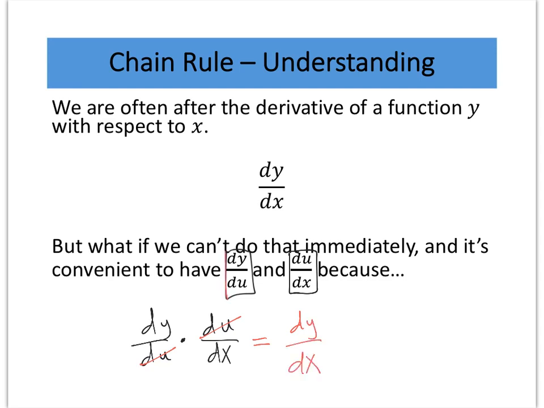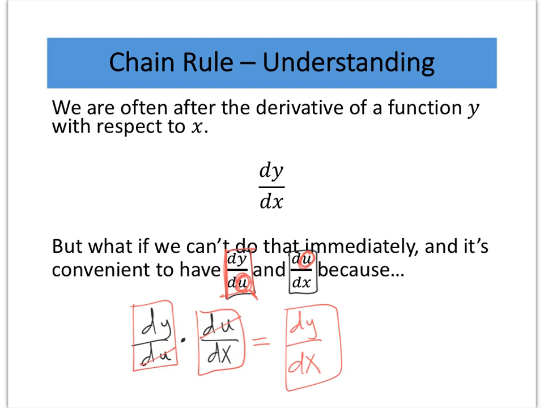So it's really valuable to take the derivative of y with respect to some unknown variable u, and then the derivative of u, the thing we're taking the derivative of, with respect to x. If I multiply the derivative of y with respect to u and the derivative of u with respect to x, we get the function I wanted to begin with, dy dx.